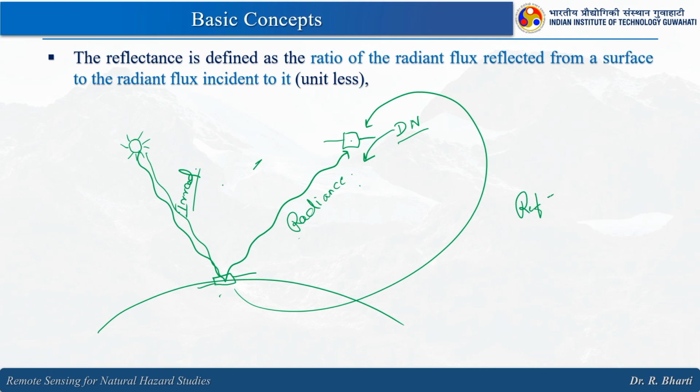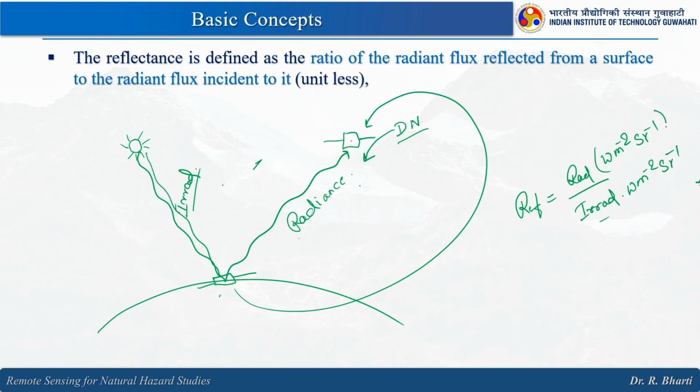So, once we have this, then we will do the ratio. So, reflectance is equal to radiance by irradiance, right. So, here we had the watt per meter square per steradian. Here also we have watt per meter square per steradian, right.